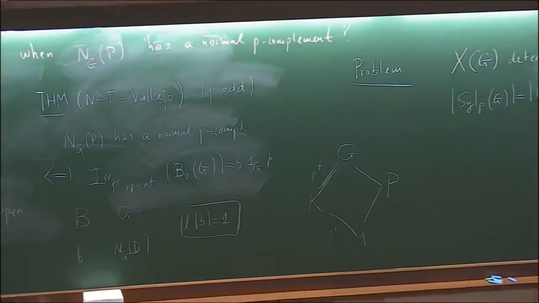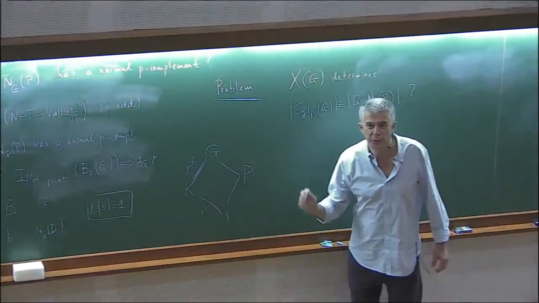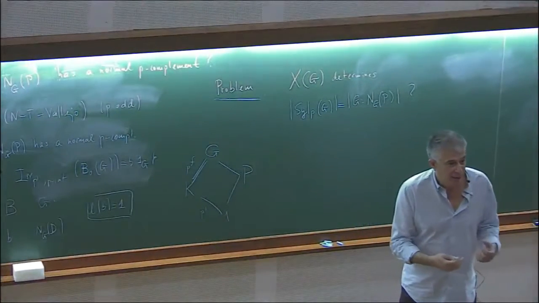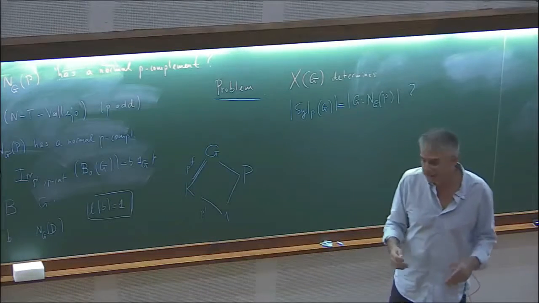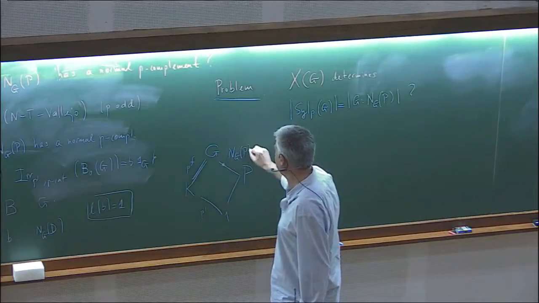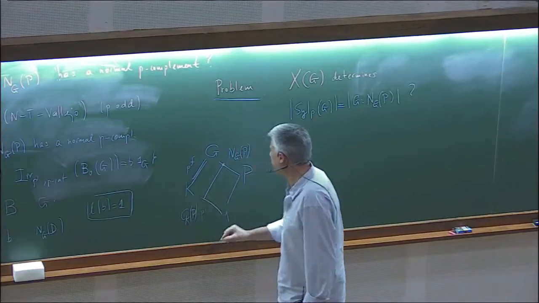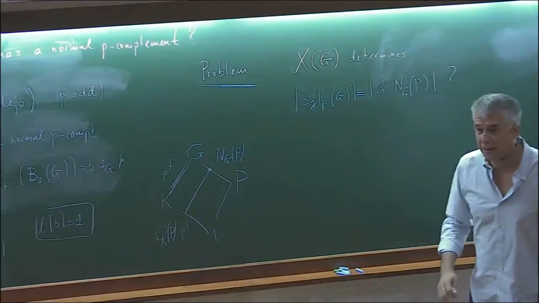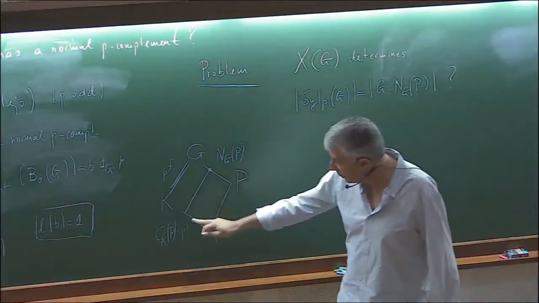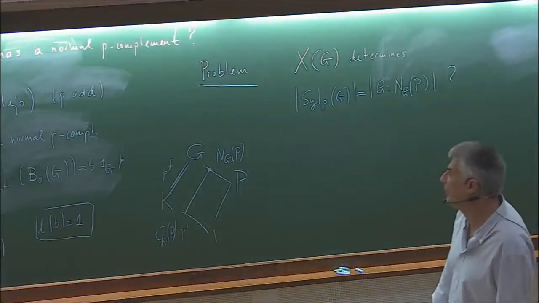Okay, so imagine that you have a tiny group like this, and you know the character table, and you want to know the size of the normalizer. Well, the normalizer lives here, and when you go down, what you have is the fixed point subgroup. So in this tiny case, what you want to know from the character table is the size of the fixed points.